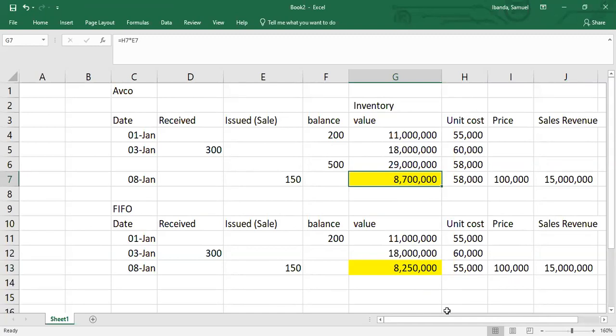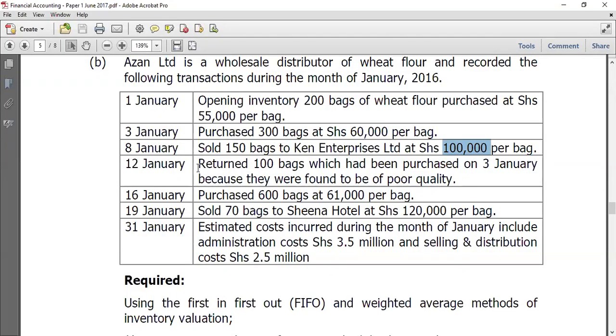So you proceed like that with the next part of the question. Which next part? The next part told us that they returned 100 bags which had been purchased on 3rd March, because they were found to be of poor quality.